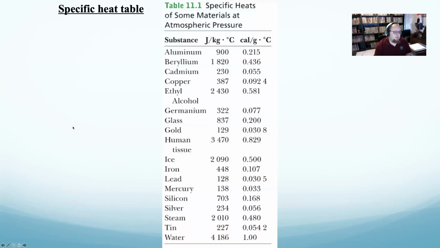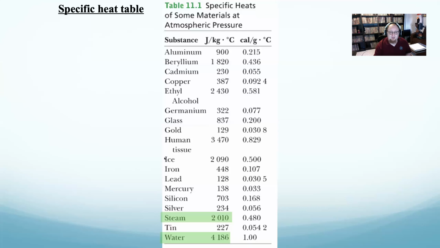Okay. Here are some specific heats, just so you have them. Something of note that's going to come up later on: first off, water has a stupidly high specific heat. At room temperature, water is one of the highest specific heats. Water is very hard to change the temperature of. But what's more interesting is water, which is H2O, has this specific heat.